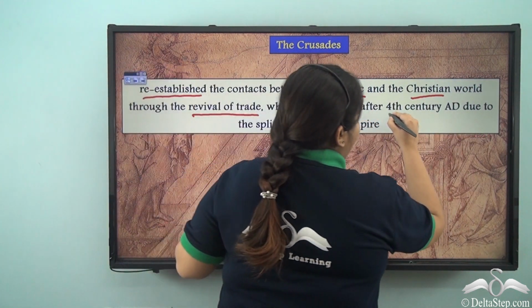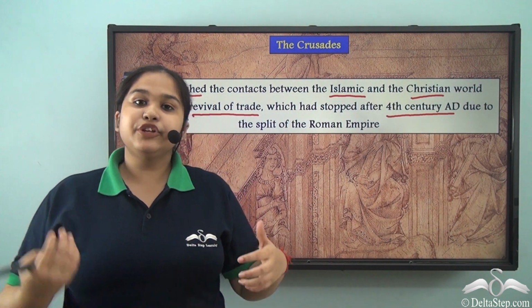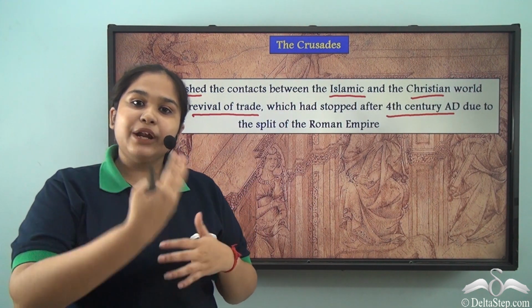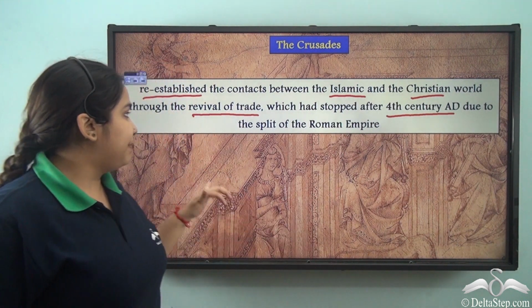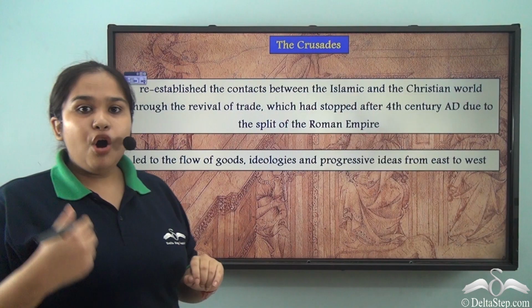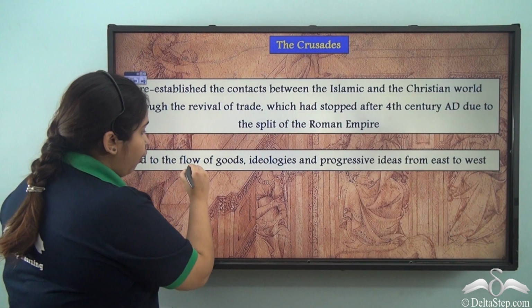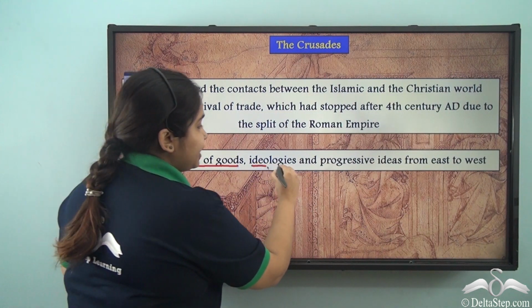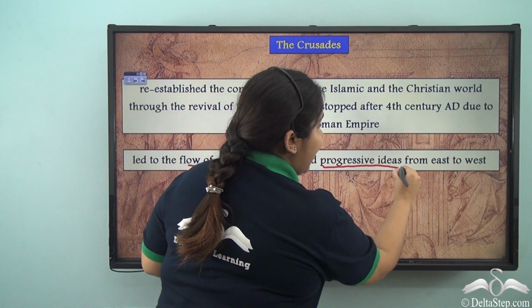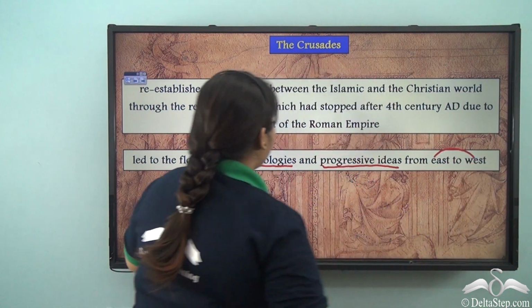When the Crusades happened, these routes opened up and the forces were coming in, and there was a sort of intermixture that happened, and that opened up the trade for them. Along with the trade, there was also the flow of goods, ideologies, and various ideas that came from the east to the west.